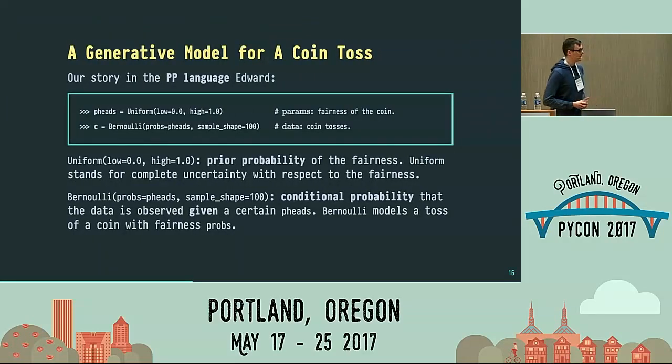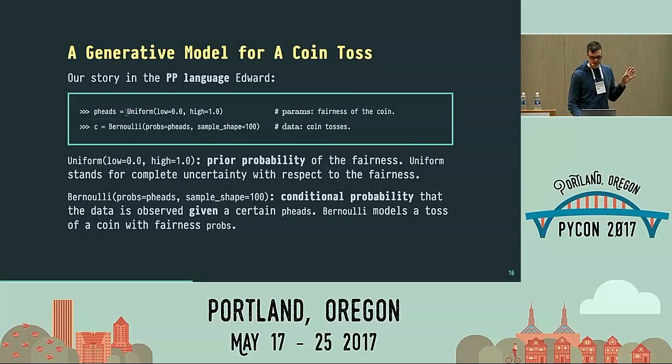And now let's look at how Edward would declare the same story, not mathematically, but in terms of code. In the probabilistic programming language Edward, you would have more or less these two lines, minus certain imports and setup. But this is the gist of it. The prior probability, the assumptions about the fairness of the coin, are encoded here.